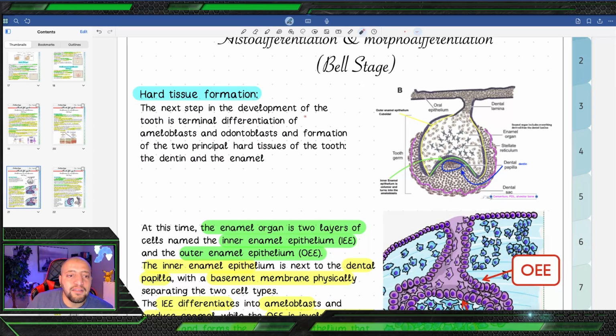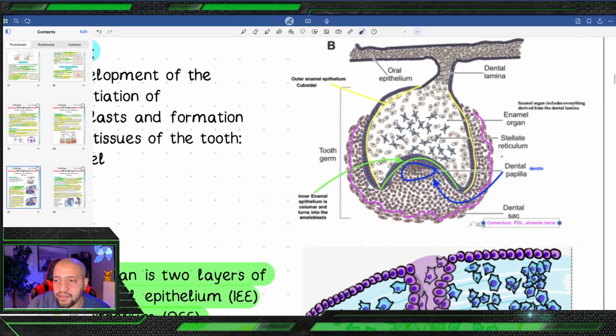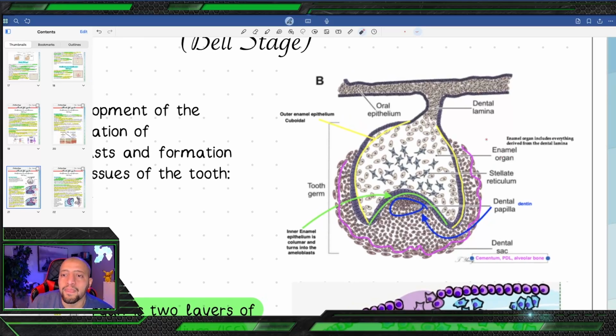The next step in the development of the tooth is terminal differentiation of ameloblasts and odontoblasts, the formation of the two principal hard tissues of the tooth, which is dentin and enamel. So let's recap here again. We have oral epithelium, dental lamina, and then we have the enamel organ.